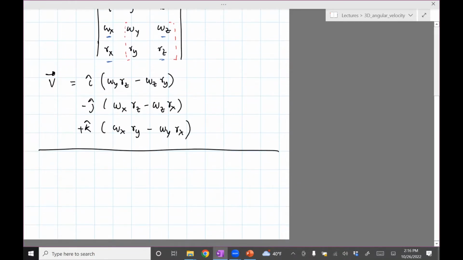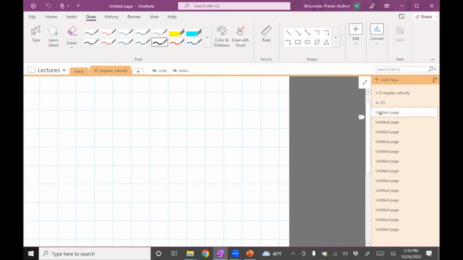A skew-symmetric matrix is something which, if you take the transpose, becomes the negative of the original matrix.